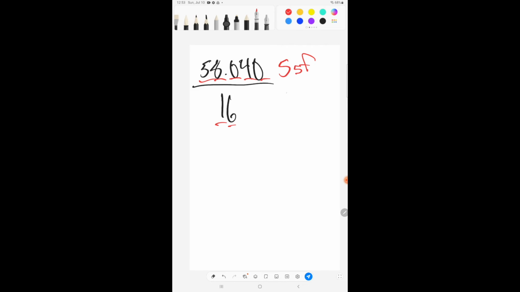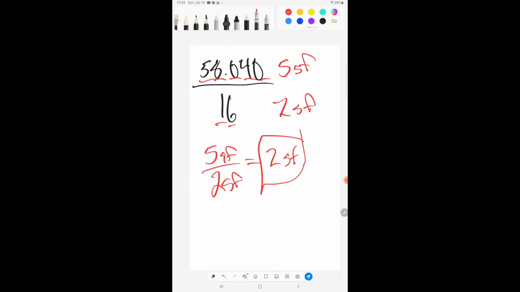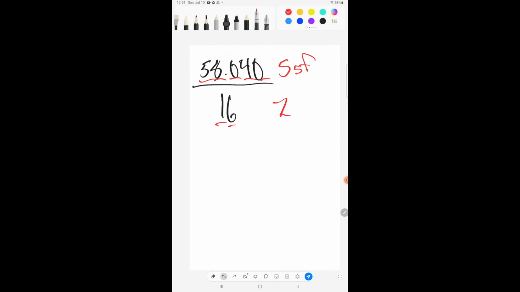This bottom number has 2 sig figs. So 5 SF divided by 2 SF equals 2 SF. We must have the least number of sig figs for dividing numbers. So we know our result must only have 2 significant figures.